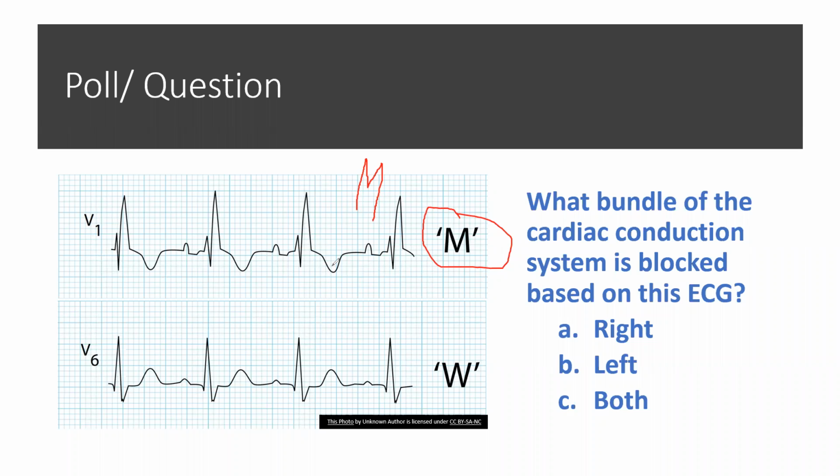The opposite would be true for a left bundle branch block. The ECG pattern will show a more predominant negatively deflected waveform. Okay, so that is going to be important.